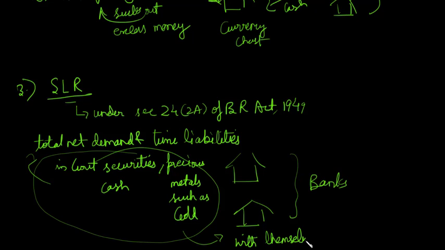This is the main difference, and it is around 20 to 25%, and the percentage is regarding the total net demand and time liabilities.